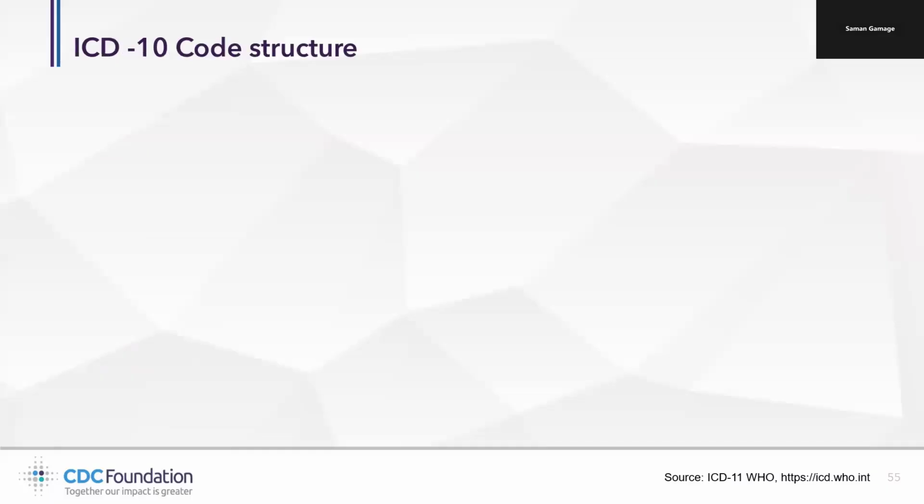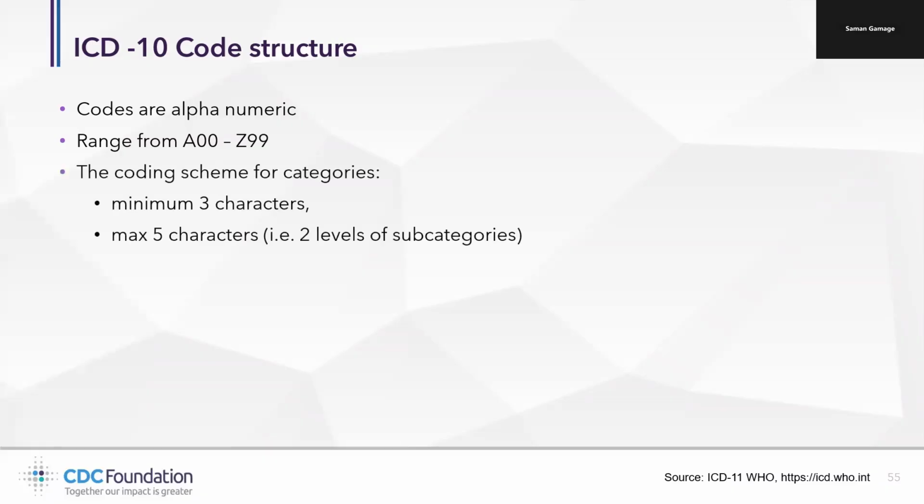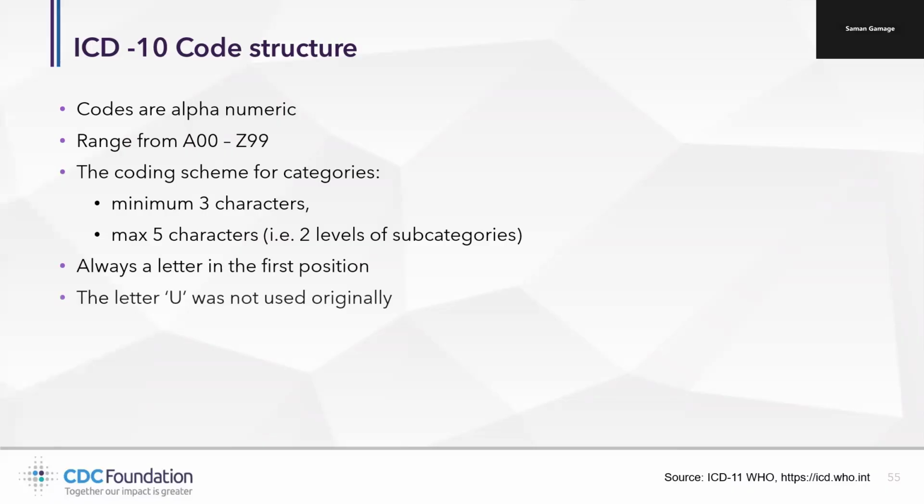Talking more about the code structure, the ICD-10 code structure: codes are alphanumeric. That means alpha characters and Arabic numbers, ranging from A00 to Z99. The coding scheme for categories is minimum 3 characters, maximum 5 characters, that is 2 levels of subcategories. Always a letter in the first position.